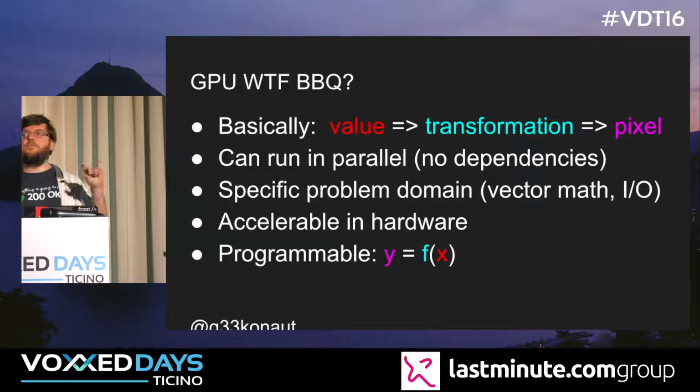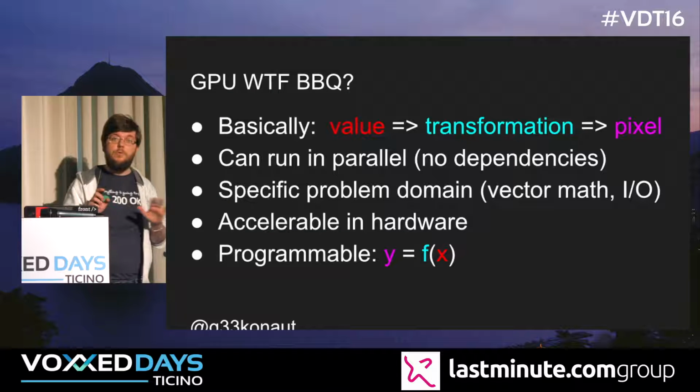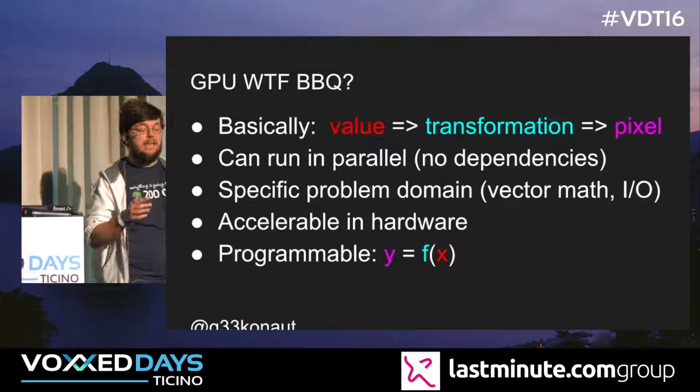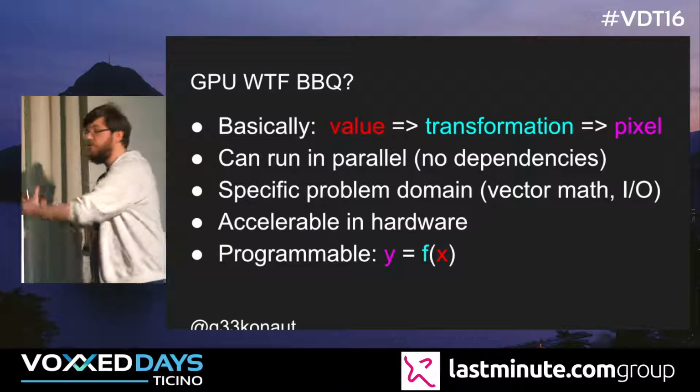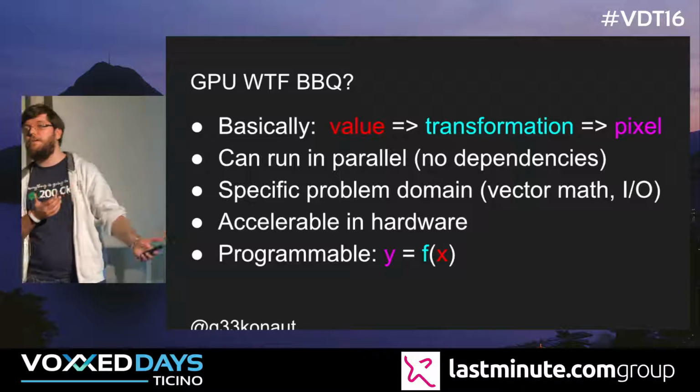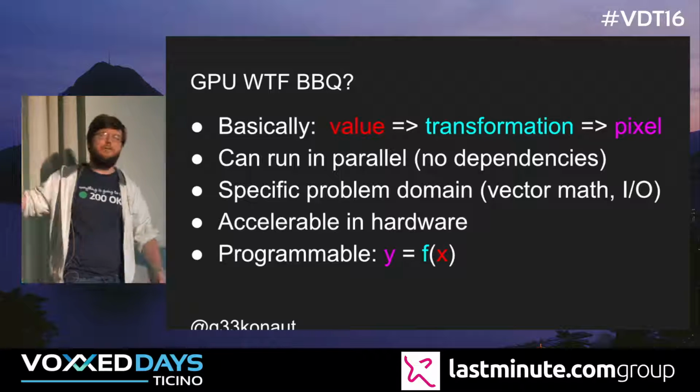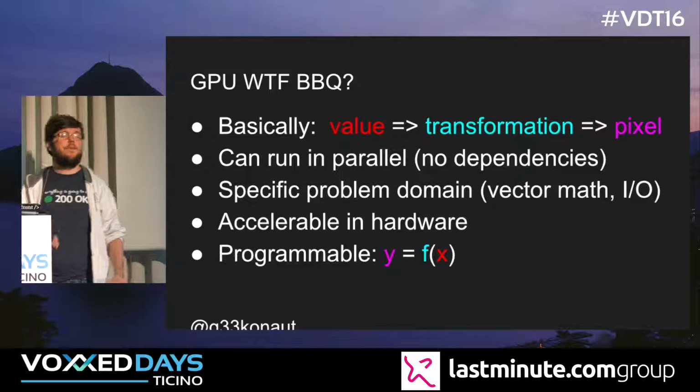For instance, we could invert colors and make it, I don't know, blue. And then get the pixel value blue out of it. And we can do that in parallel. There's no dependencies, there's no concurrency. So we can say, hey, here's these 5,000 million pixels that I need to render. And then the GPU goes, yeah, sure, I have, I don't know, 1,000 render cores. So just 1,000 pixels go through at each iteration. So that is really fast.